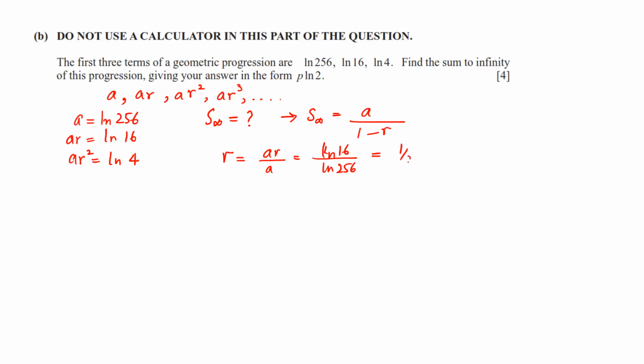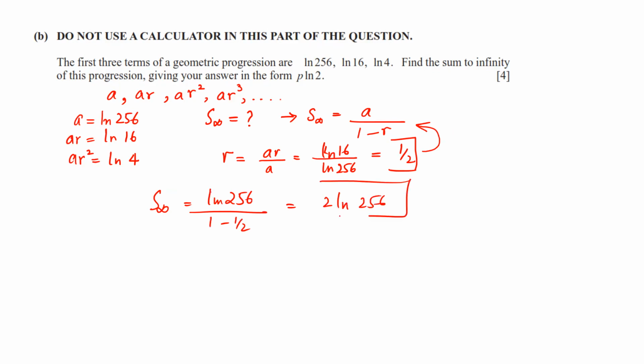The answer comes out to be 1 by 2. Now put this value here along with the value of a. So sum to infinity will become natural log 256 divided by 1 minus 1 by 2. So this comes out to be 2 natural log 256. This is our answer.